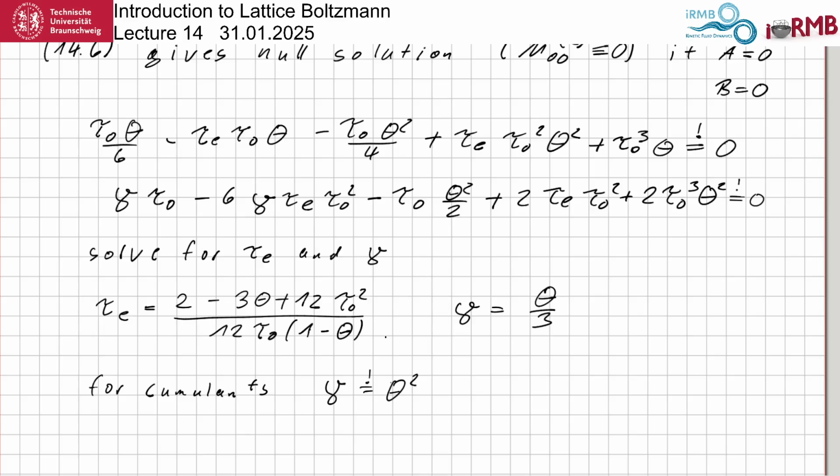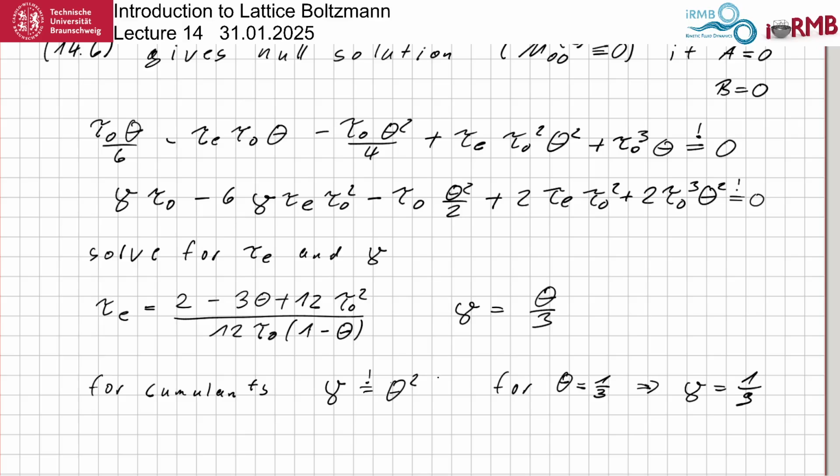You may remember, for the equilibrium of the second central moments we had 1/3, and for the first we had 1/9. Which is interesting because for theta equal 1/3, which we usually have, gamma would be 1/9, which we usually have.